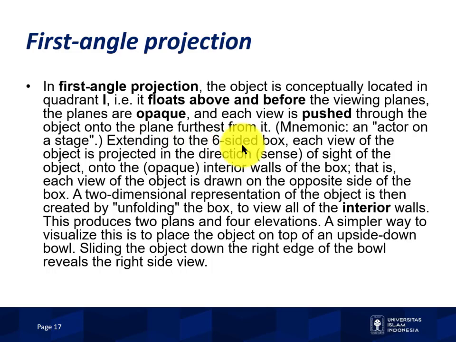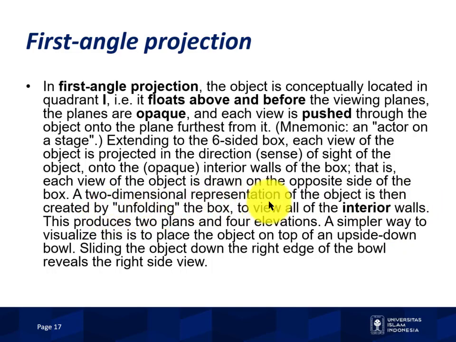Extending to the 6 sided box, each view of the object is projected in the direction of sight onto the opaque interior walls of the box. That is, each view of the object is drawn on the opposite side of the box. A two-dimensional representation of the object is then created by unfolding the box to view all of the interior walls.